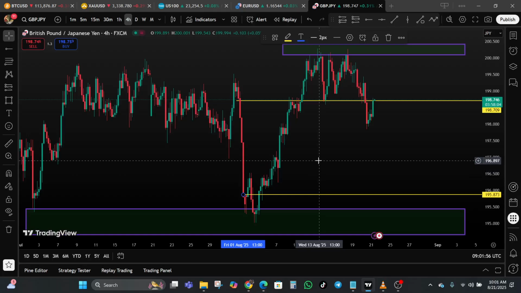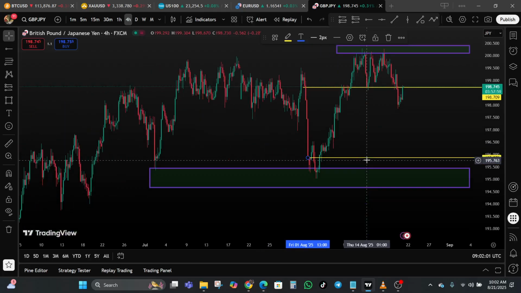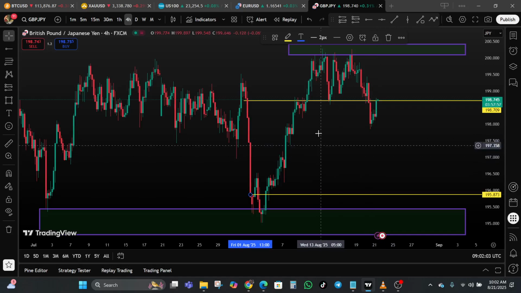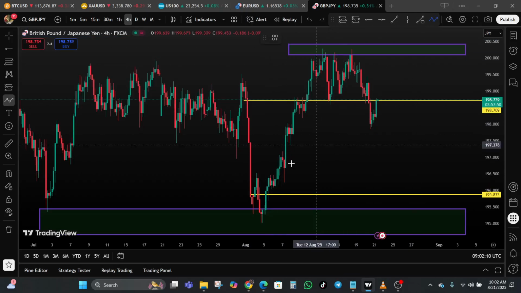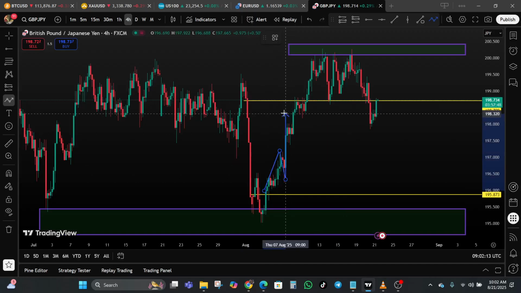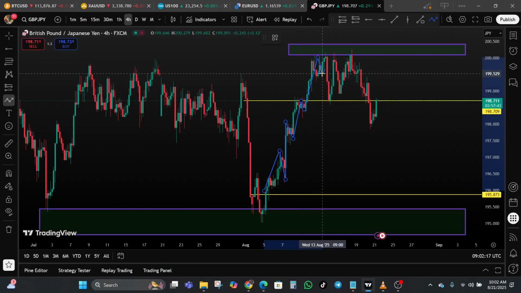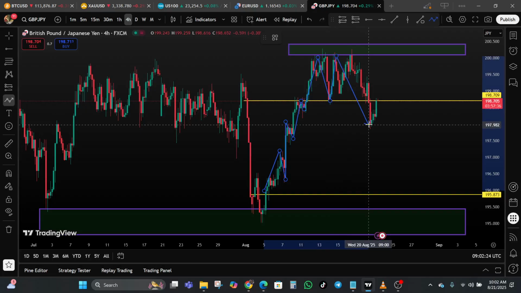For example, if the market has been making higher highs and higher lows, and then suddenly you notice a shift to a lower low.